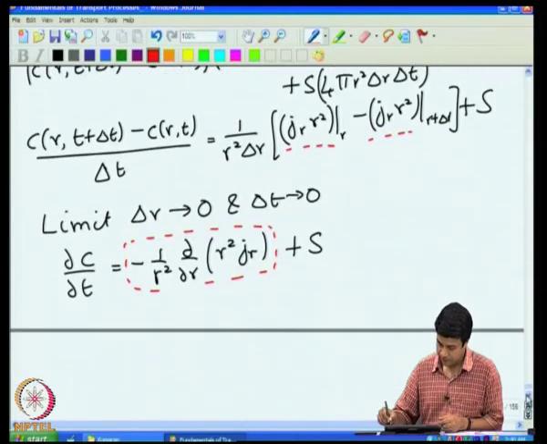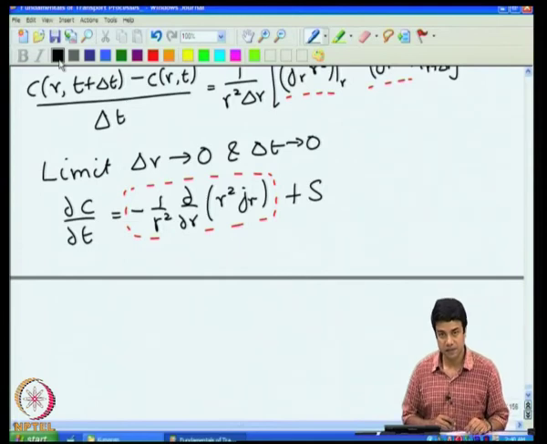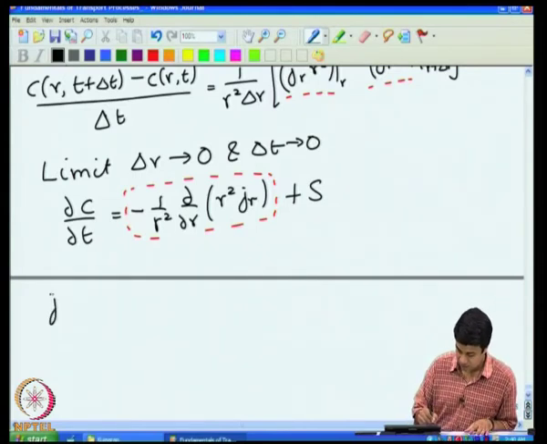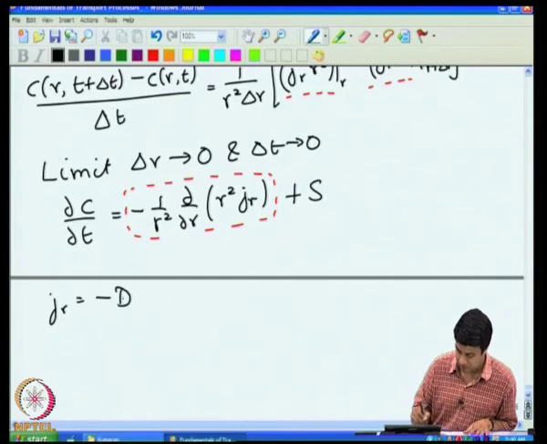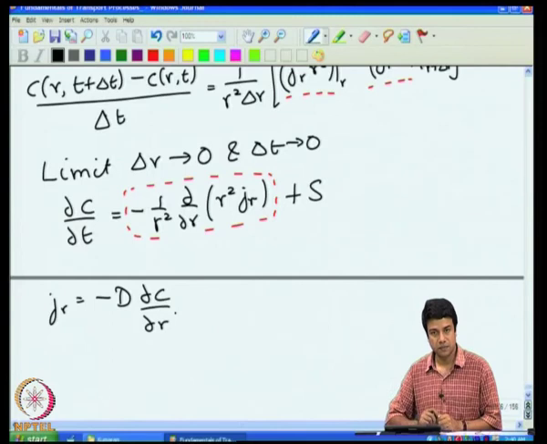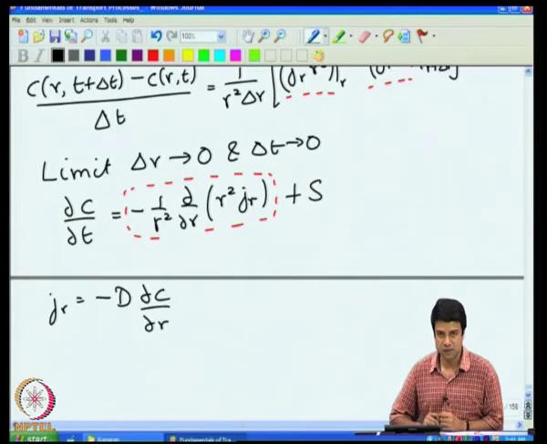So, to finally get the equation for the concentration field, I need to express the flux in terms of the gradient of the concentration. J r is the flux along the r direction. So, I need to express J r in terms of the concentration gradient, and as we know, this is minus D times dC by dr, minus the diffusion coefficient times the change in concentration with distance.